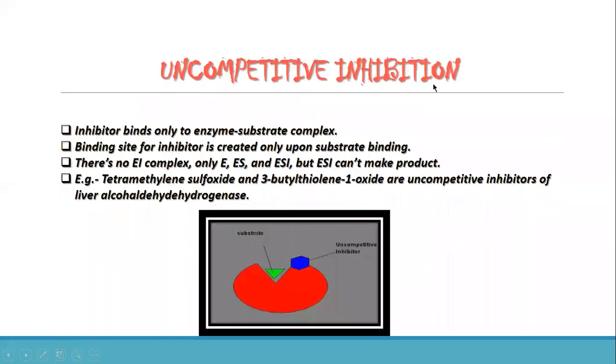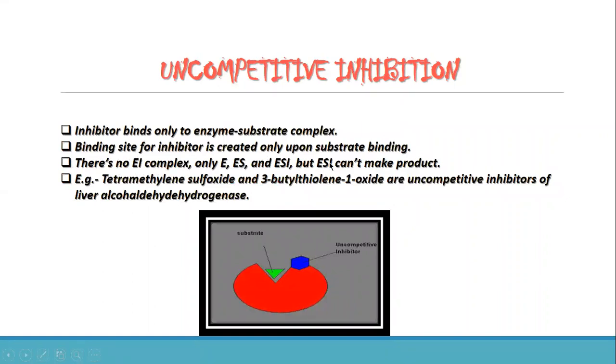Uncompetitive inhibition. The inhibitor binds only to the enzyme-substrate complex. The binding site for the inhibitor is created only upon substrate binding. There is no enzyme-inhibitor complex, only enzyme, enzyme-substrate complex, and enzyme-substrate-inhibitor complex.